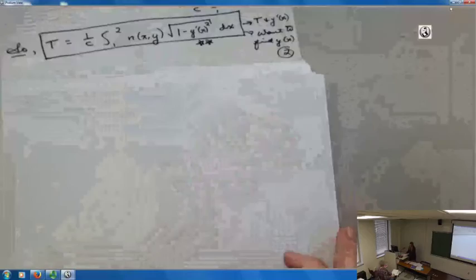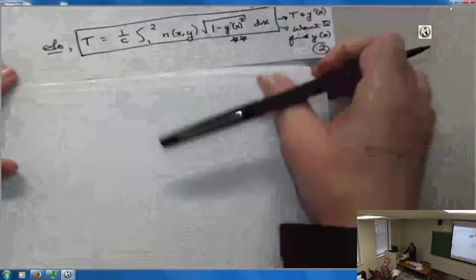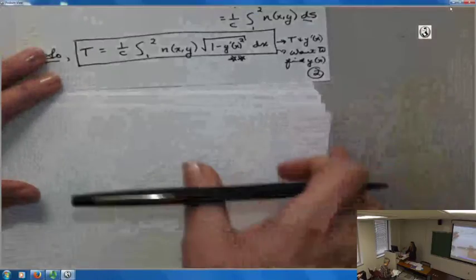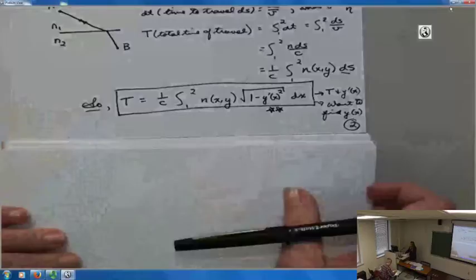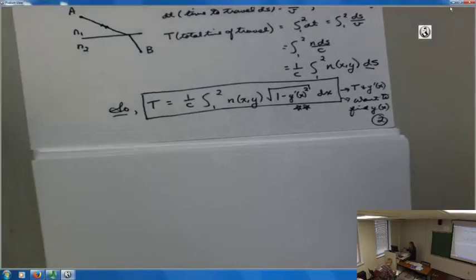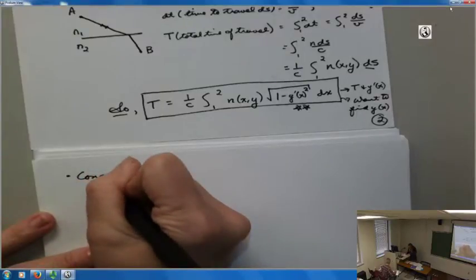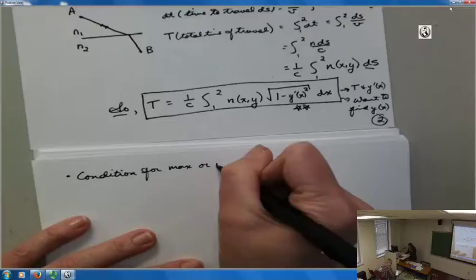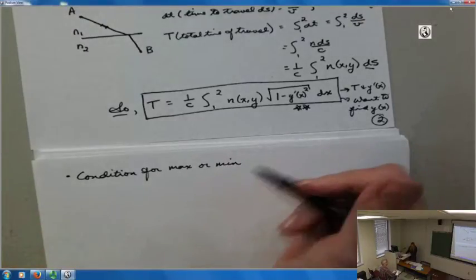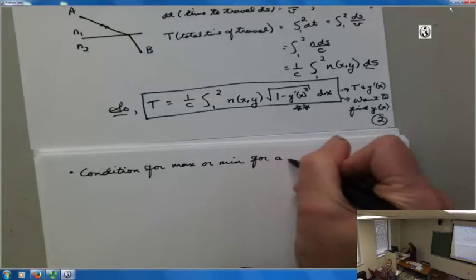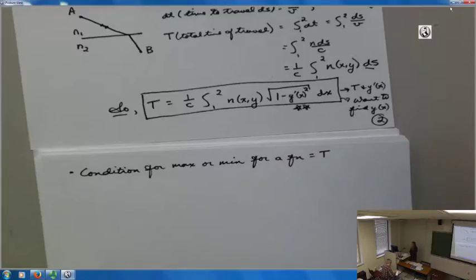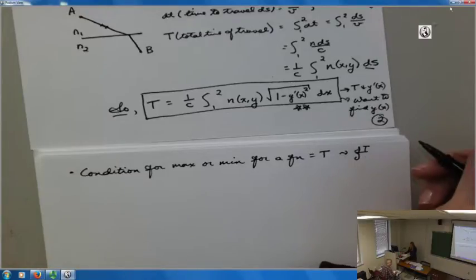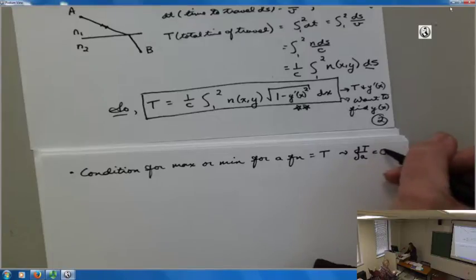Things to remember. The condition for some function to have a minimum or maximum value, in this case it is t, it could have been the capital L as well, is that dt with respect to something, we don't know what that is, let's call it A, is 0.